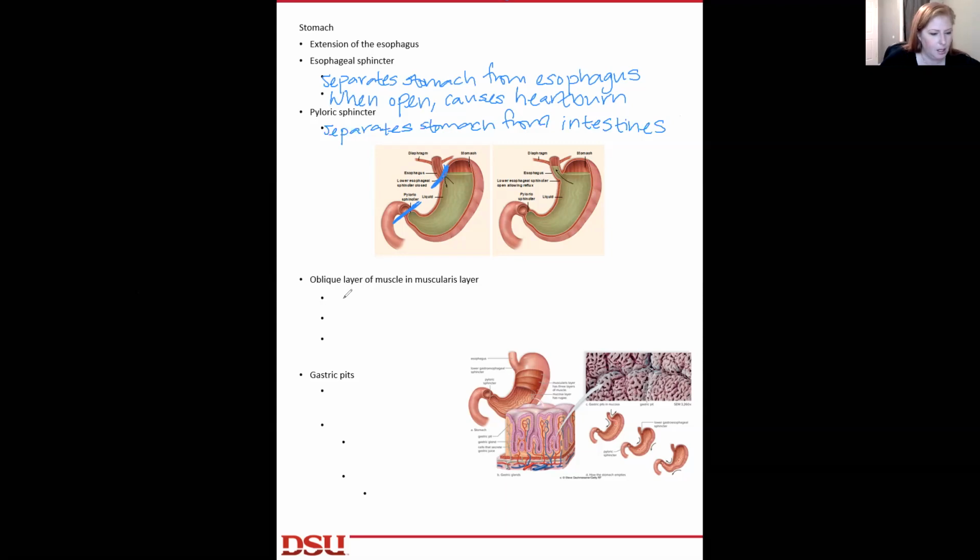Okay, so now let's talk about some of the muscles we have going here. We've got this oblique layer in the muscularis. If you see this question on an exam, the oblique layer of muscle that's in the muscularis layer is only found in the stomach, okay? So it's a unique characteristic to the stomach.